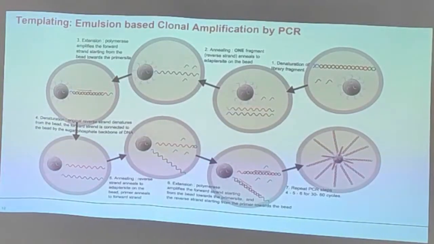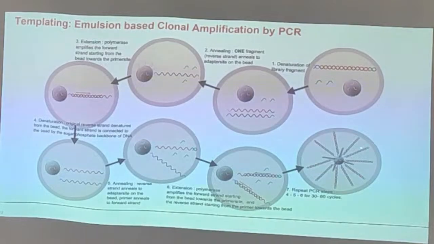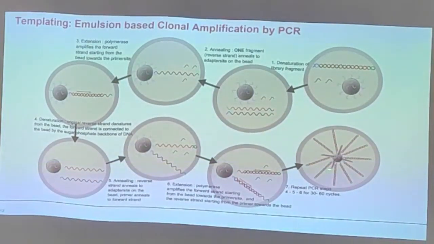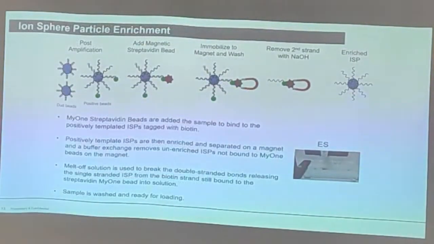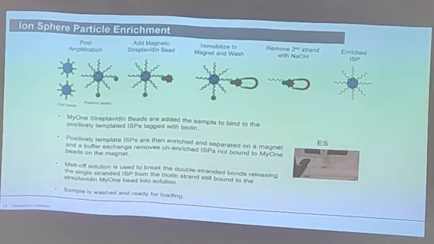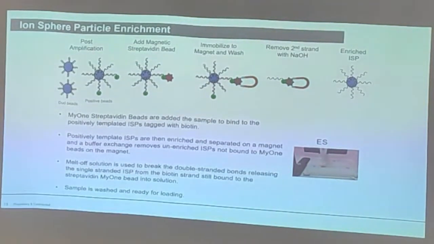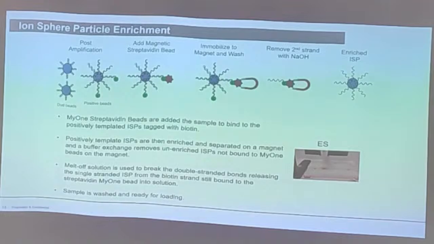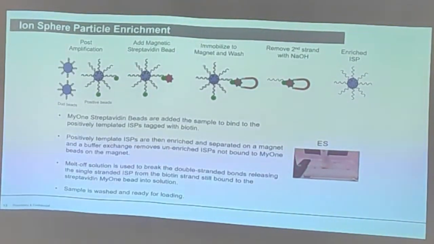And when it amplifies, the end part is biotin-labelled. The primers are biotin-labelled. So once you have the actual enriched template, it has affinity with streptavidin, because streptavidin and biotin are just like male and female, meaning they have attraction.